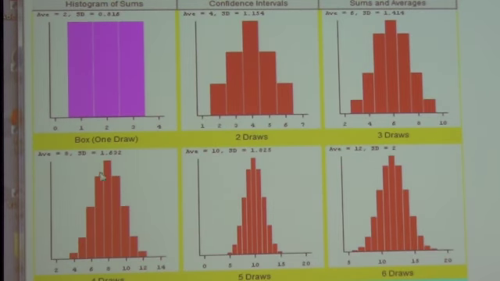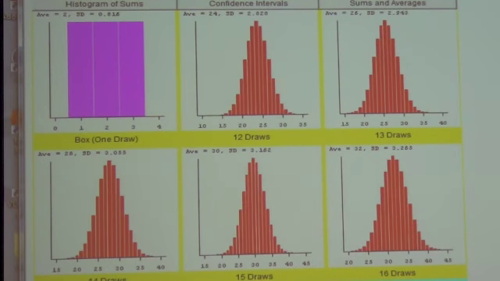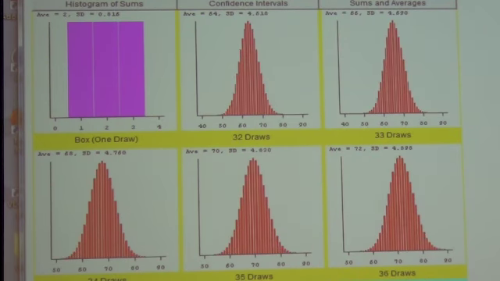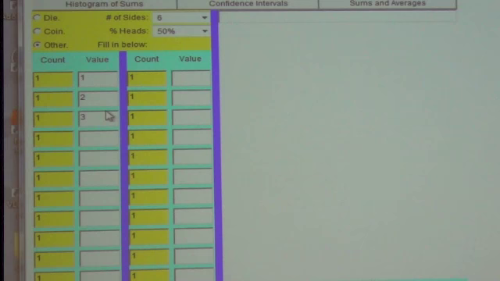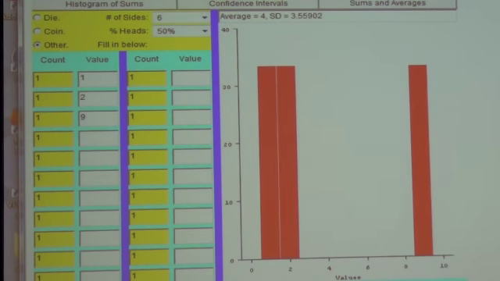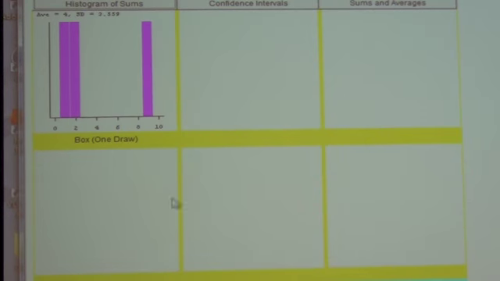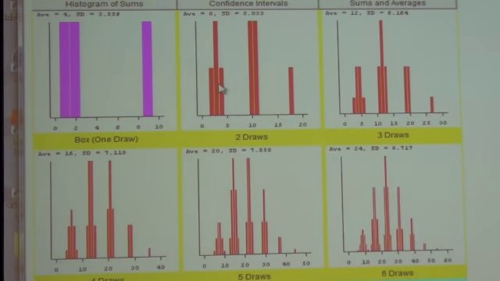This is what we did, and look. You can see, look how pretty that is. Already, it's pretty normal. Now, let's choose a different box. Let's choose 1, 2, and 9. That's our second box. Accept the box. That was our original histogram. Now we do histogram of sums, and this is the one we did.